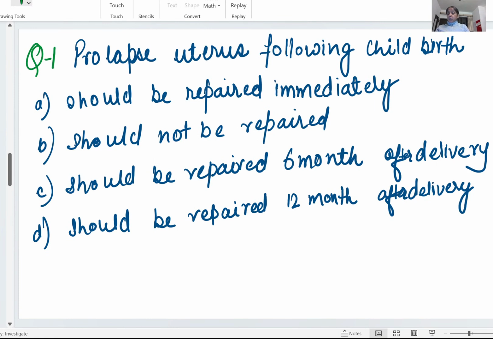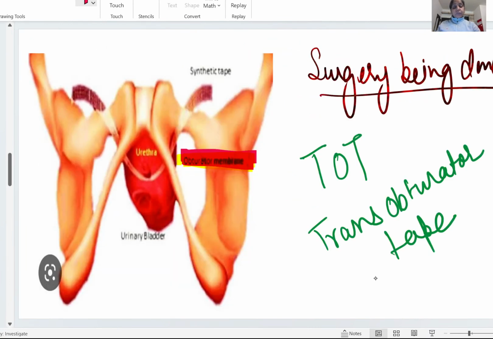Okay, now let us do the questions. Prolapse uterus following childbirth should be repaired. You will write down in the chat box with the number. This surgery is done for stress urinary incontinence.